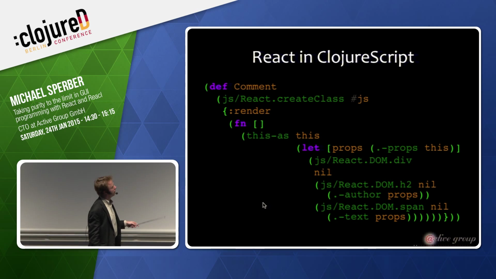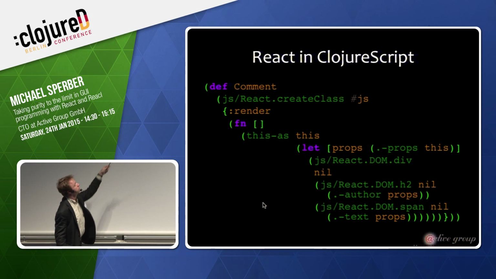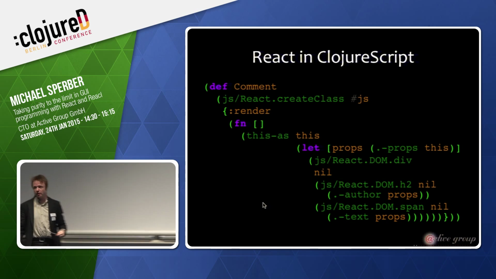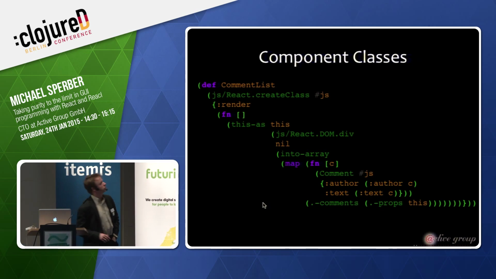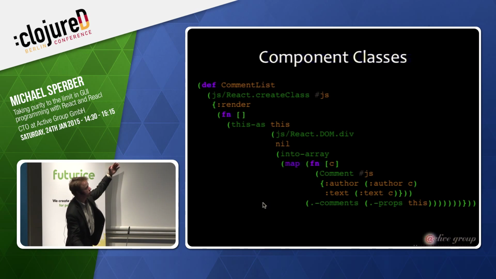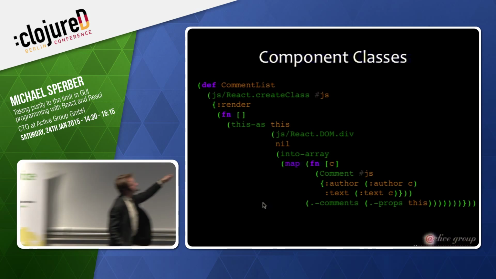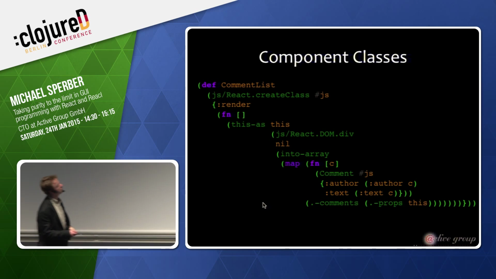So again, for each comment, there's an author and a text, and all these are part of the props object, which is communicated from the parent component. Here's another component class, which is the list of comments that you saw. You can see here that it instantiates the component that we saw in the previous slides, and it passes to it a JavaScript map which contains the author and the text fields that that comment is supposed to have.